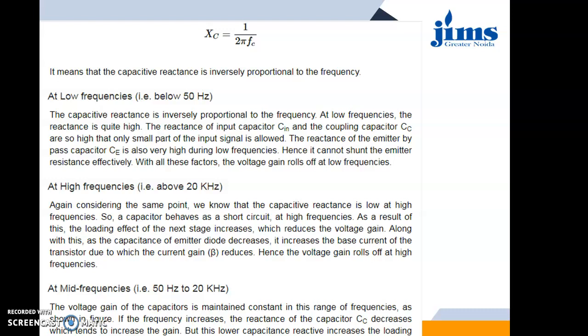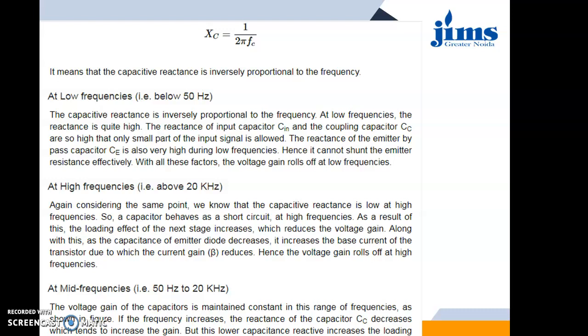So at low frequency, the reactance of coupling capacitors is high, whereas at high frequency not only the Miller effect but also the loading effect becomes high. So due to these factors the gain rolls off at high frequency ranges.